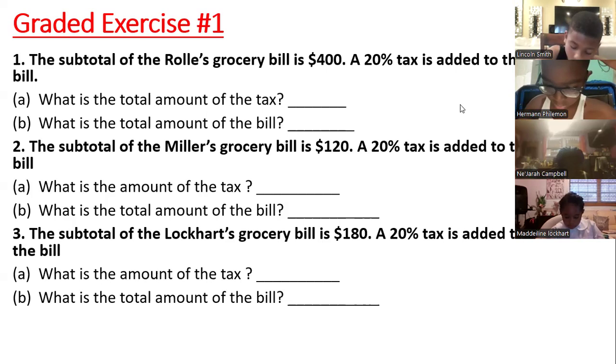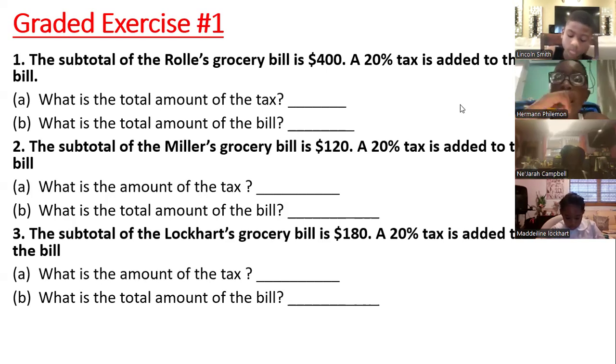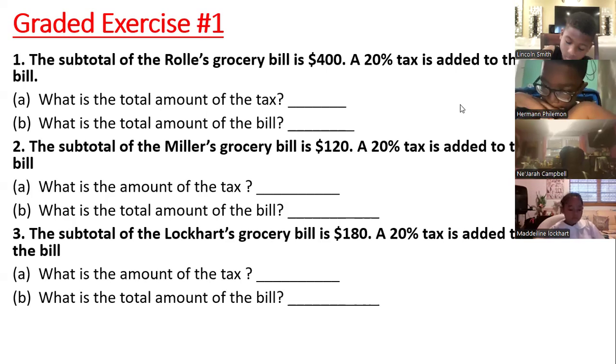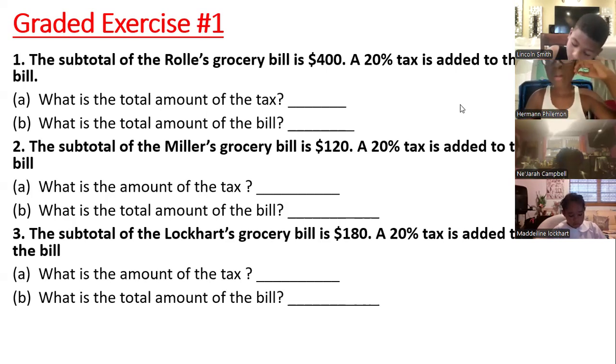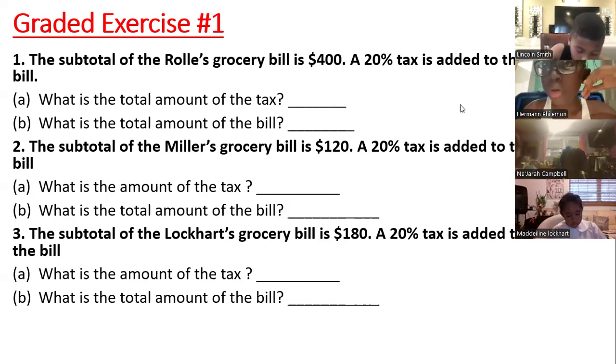I was multiplying the wrong number. What number are you supposed to be multiplying? 40 times 30. Where did you get the 30 from?